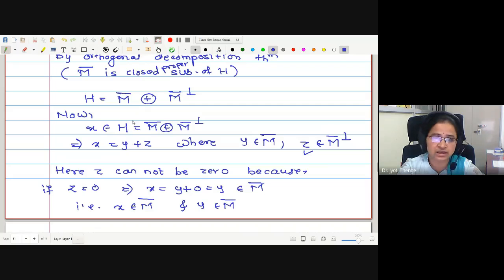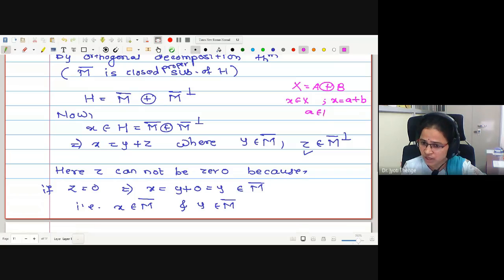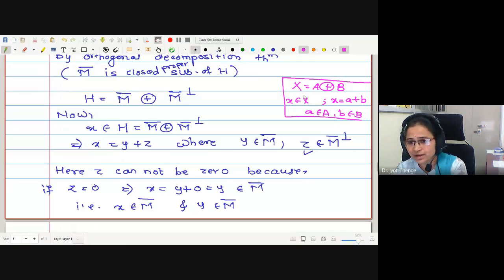Whenever we are writing H to be a direct sum of M bar and M bar perp, what should be there is a unique representation. I'll just write here. Whenever we are writing a set X to be a direct sum of two subsets, then any vector x in X is uniquely written as x is equal to a plus b, where a is in A and b is in B. Every element is uniquely written as one element in one set added with one element in another set, and this should be a unique representation.